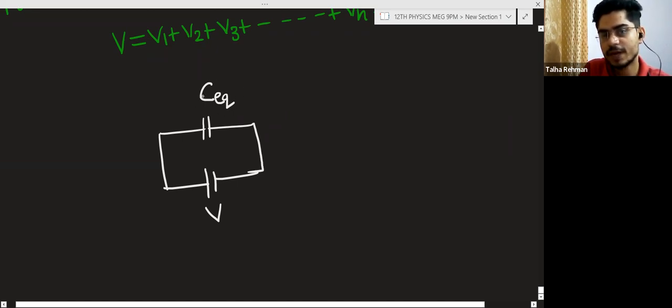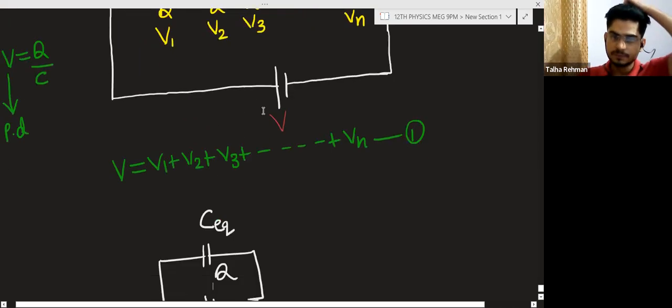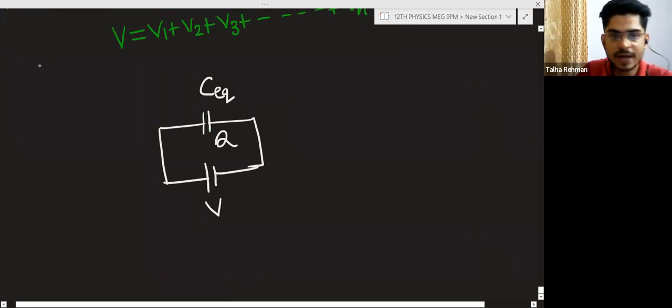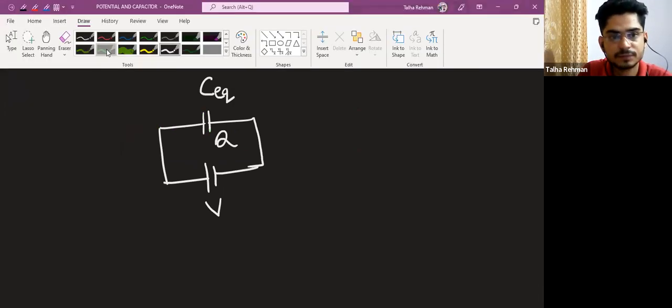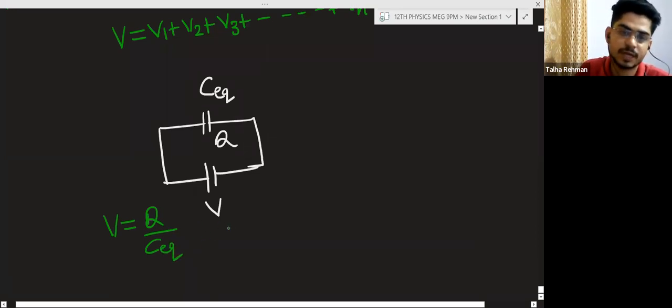We have to find this C equivalent. We know that the charge is Q, and the charge will remain the same. So I can write V is equal to Q divided by C equivalent.